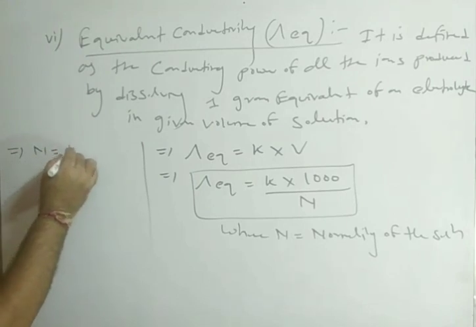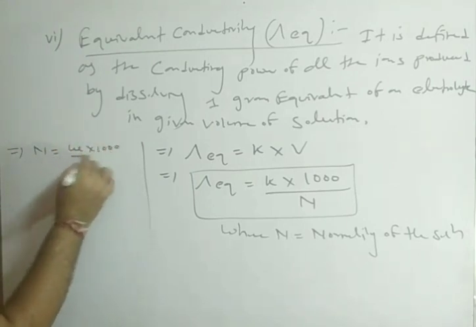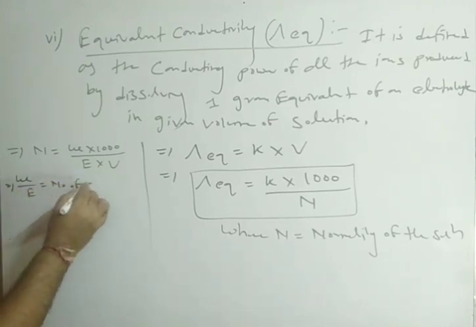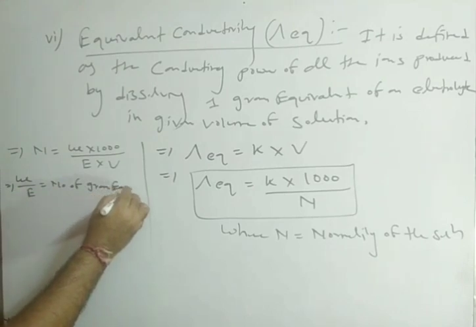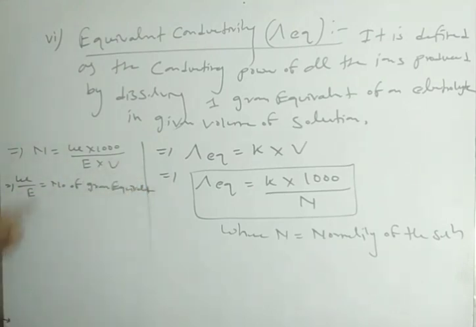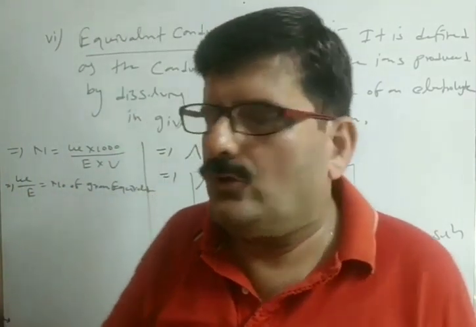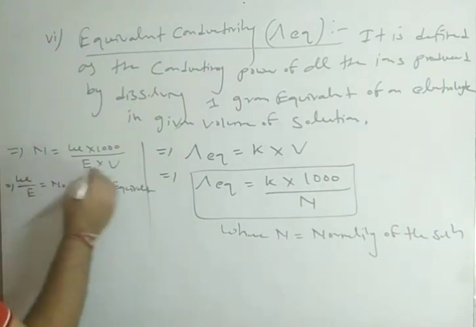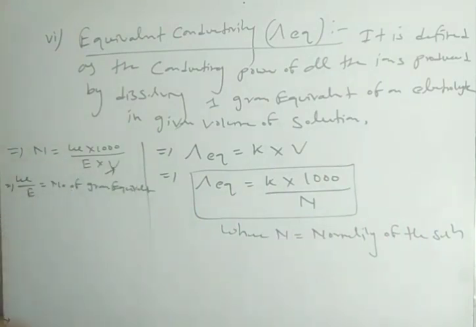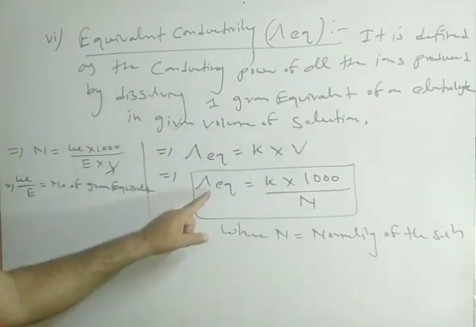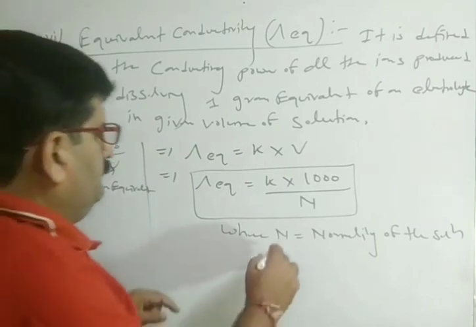N is equal to W into 1000 divided by E into V. W by E is equal to what? Number of gram equivalent. W is equal to given mass. E is equal to what? Their equivalent mass. So with the help of the normality expression, we can find out what? V. Putting the value of V, we get what? Equivalent conductivity.